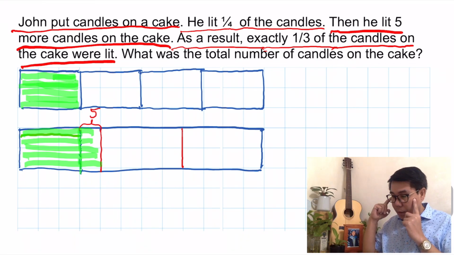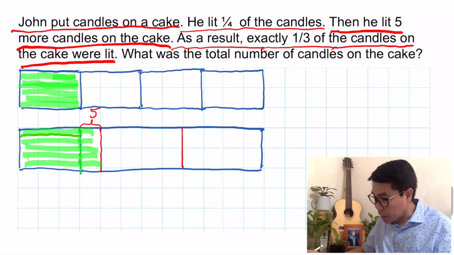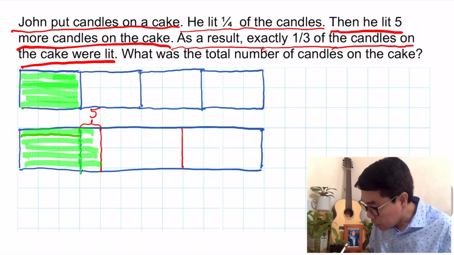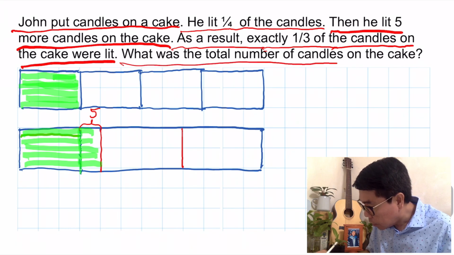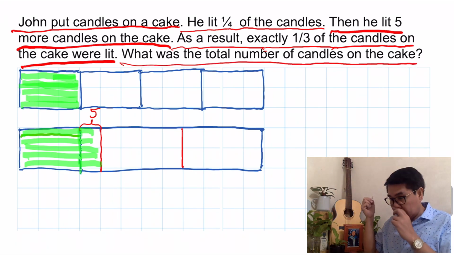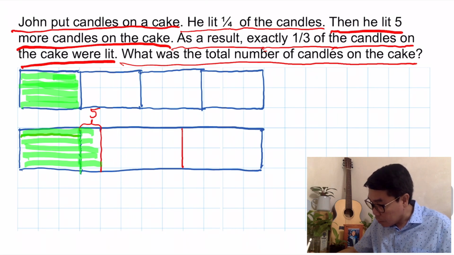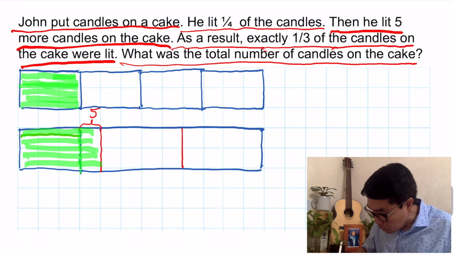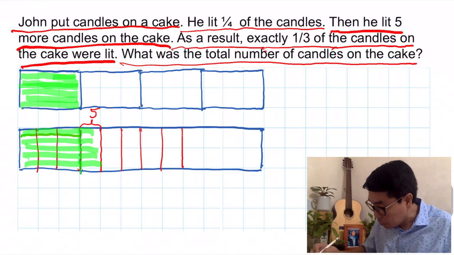Okay, now then the question is, what was the total number of candles on the cake? Okay, so we can find out that we can divide, okay, this one we have 1, 2, 3, 4, okay, this one also 3, 4.